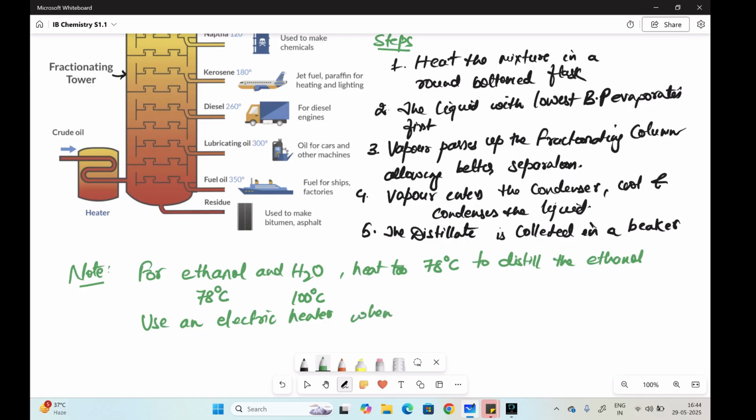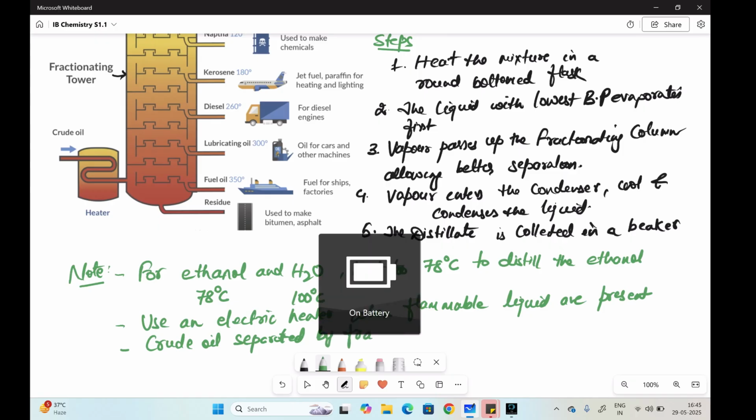When you have a flammable liquid present, right? Crude oil, separated by fractional distillation, I have shown in the diagram.